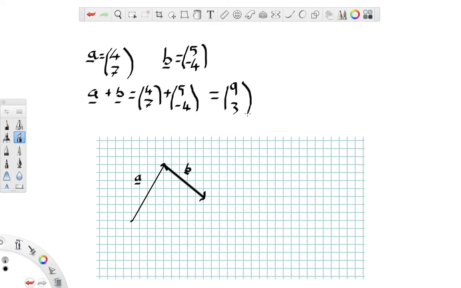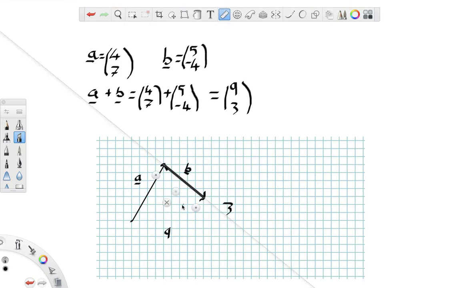So again, we'll check to see whether this is correct. So A starts here, and we're going to where B ends. So A starts here, so 1, 2, 3, 4, 5, 6, 7, 8, 9. Well, that seems okay. It goes across 9 units. And then we're going up 3. So 1, 2, 3. And that's fine as well.